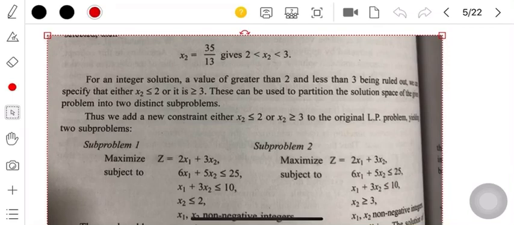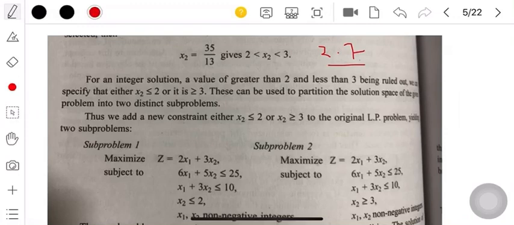Here the value of x2 is 35 by 3, which comes out to be 2 point something, around 2.7. So what is the meaning of this? It means the value of x2 lies between 2 and 3.